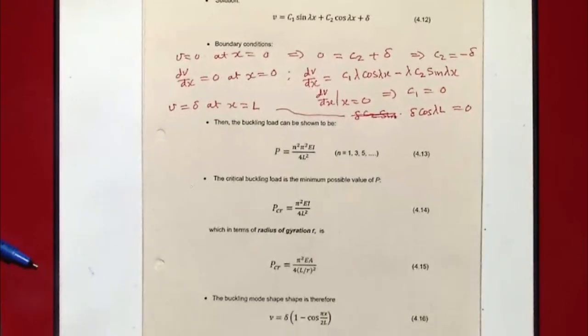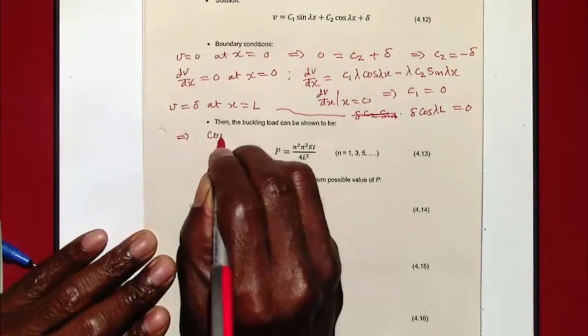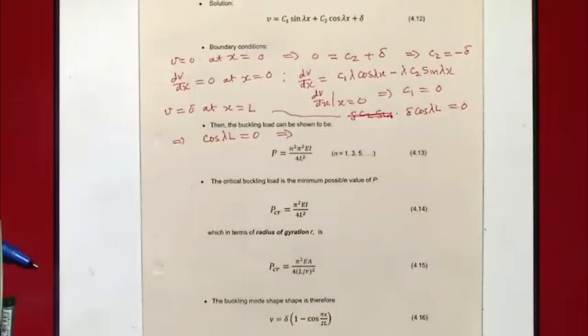Okay, so if we look at that last one, delta cos lambda L equals 0, we know delta is not 0 because the beam is actually deflecting at the end, which means cos lambda L has to be 0. What does that imply? The cosine of 0 is 1.